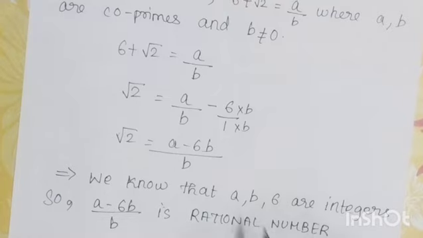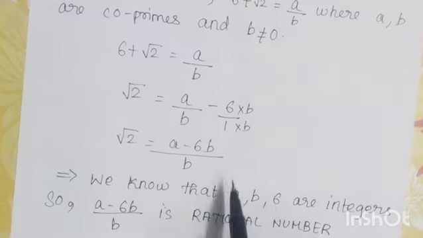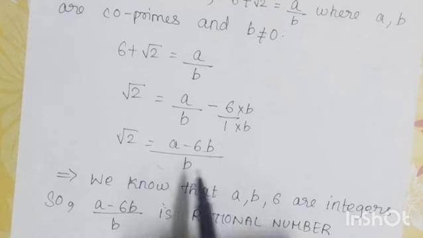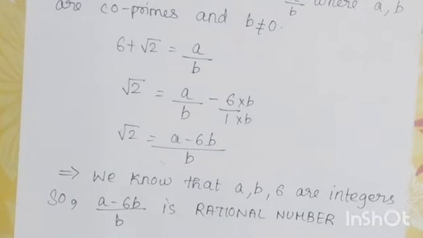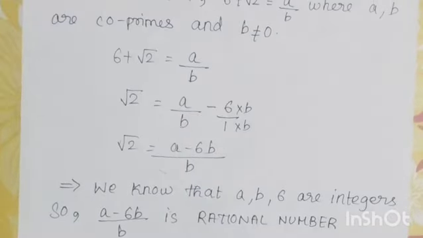Since a, b, 6 are integers, obviously this whole RHS will be a rational number.